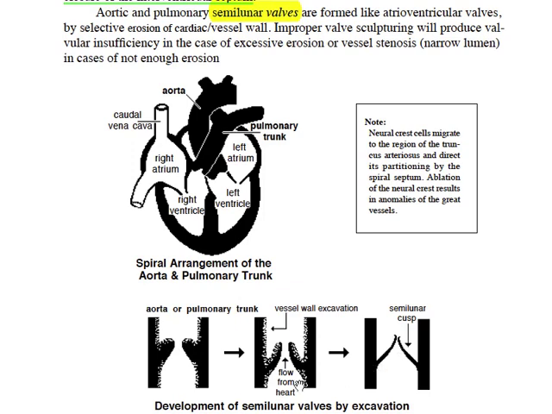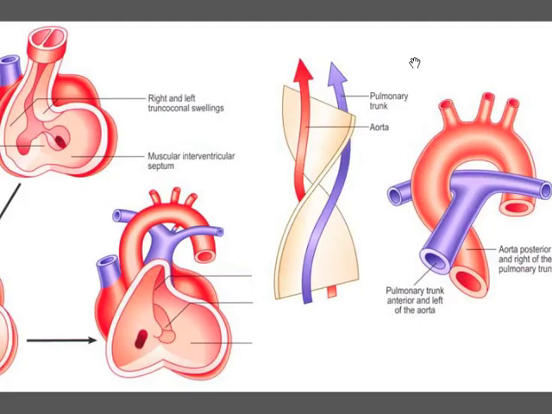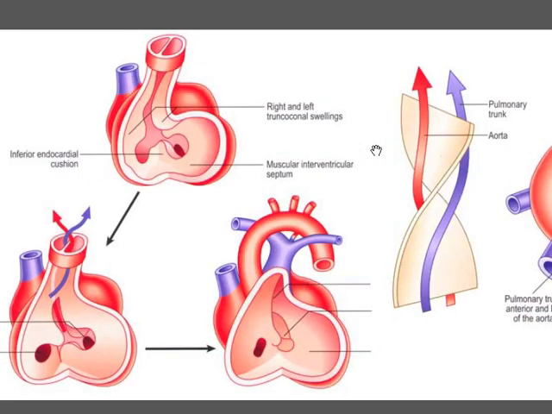This colorful textbook image illustrates partitioning of the truncus arteriosus. On the right here we see that the pulmonary trunk and aorta spiral around one another. This diagram indicates that that is a result of a spiraling partition. On the left we see 3 stages of development. Now this process is very difficult to envision, but it begins with 2 ridges that grow in from the sides of the wall of the truncus arteriosus.